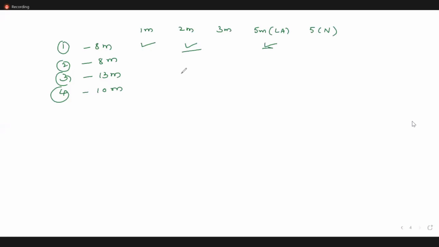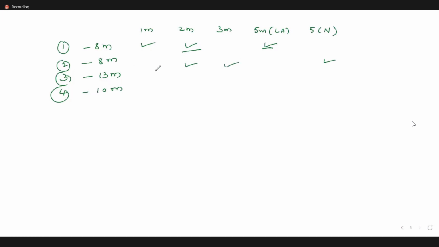Now go for the second chapter. Here, a 2 marks question 1, a 5 marks question that is a numerical, and a 3 marks question. Is it clear?